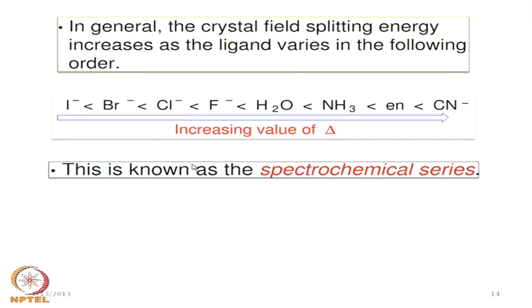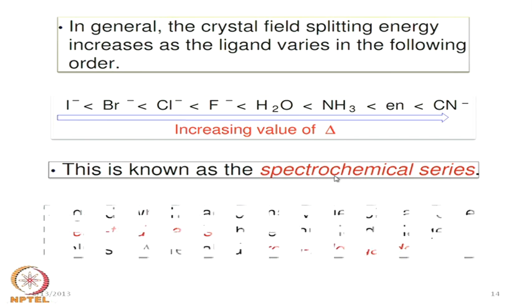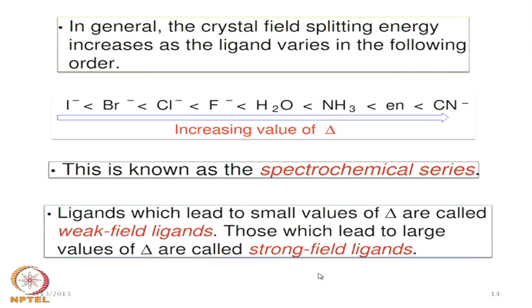This ordering of ligands in a particular sequence from weak field to strong field with increasing delta, that means I minus, the iodide ion, has a smaller delta value compared to CN minus, which has the highest delta value in this series, is known as the spectrochemical series. Since it is affecting the optical, electronic spectra, the ligands giving a corresponding order in this sequence are considered as the spectrochemical series.